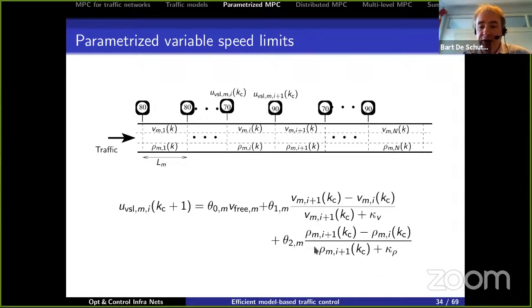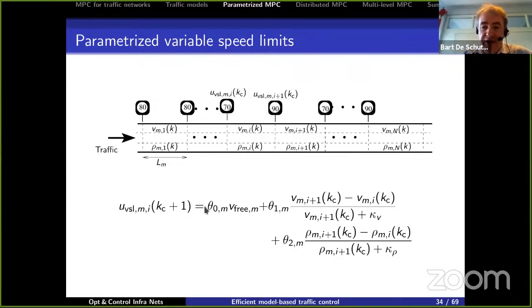So we look at the upstream density, the density in the next segment. And if we see a difference here in the density, we multiply it with a certain parameter to affect our speed limit. And the same we can also do with the density of the next segment. And in this way, we can then relate the speed limit to the state of the system with some parameters theta, and they can then be optimized.